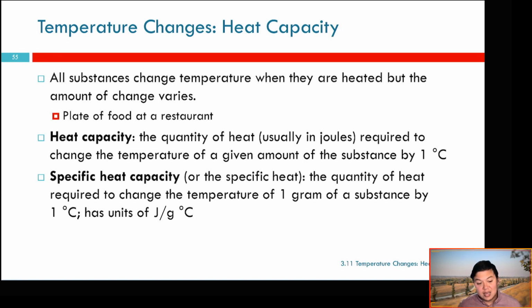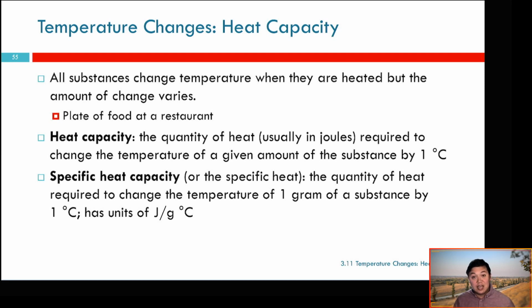Anyways, the specific heat capacity, on the other hand, so the heat capacity would be like if we had 100 grams of water, the amount of energy required to heat that 100 grams of water by 1 degree C would be its heat capacity.